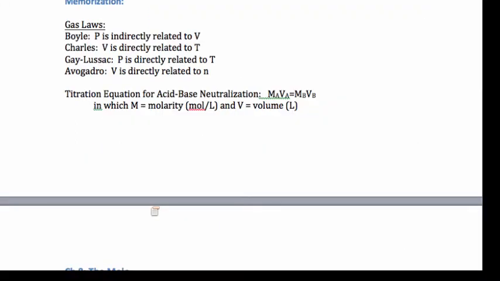As far as what is not on the resources sheet that I think you should memorize, I think you should keep straight the gas laws. So the Boyle's relationship says that when pressure increases, volume decreases, and when pressure decreases, volume increases. This is an indirect relationship.